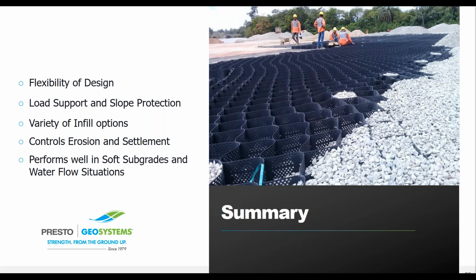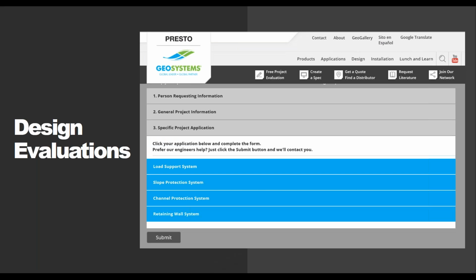And we do offer that complete system solution, including our specifically designed accessories to ensure the longevity of your project with minimal maintenance requirements. And so part of our complete system solution is our technical assistance. So we provide free project design evaluations. It's a form that is available on our website. You can just fill it out with as much information as you have. You can attach things like geotechnical reports or plan sets.